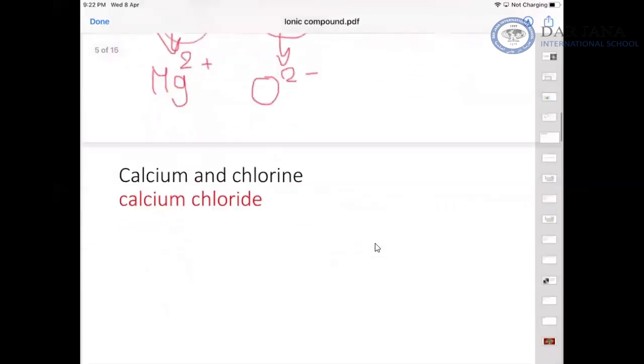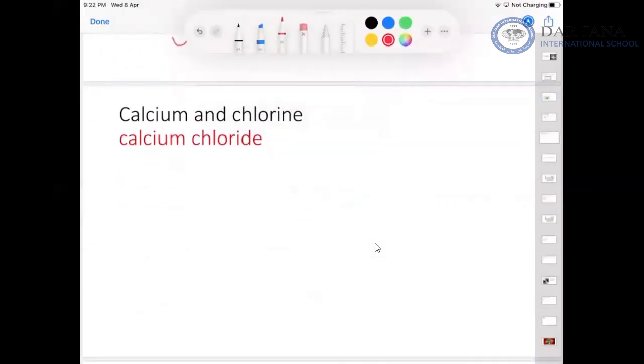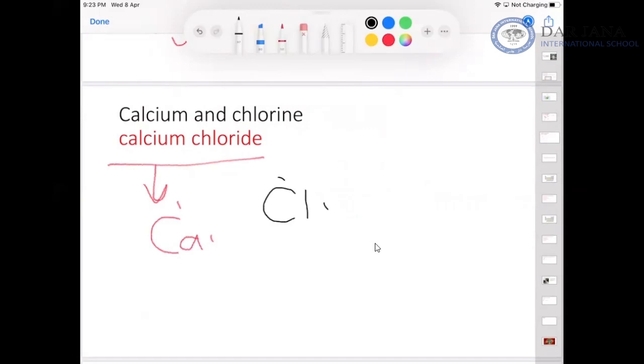Let's try another example. Calcium chloride. So again, calcium is in group 2, right? So it has 2 valence electrons. Chlorine is in group 17, so it has 7 valence electrons, right?